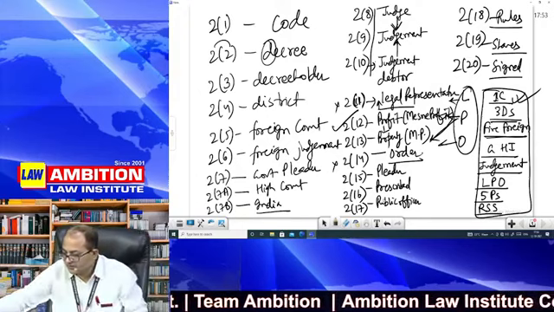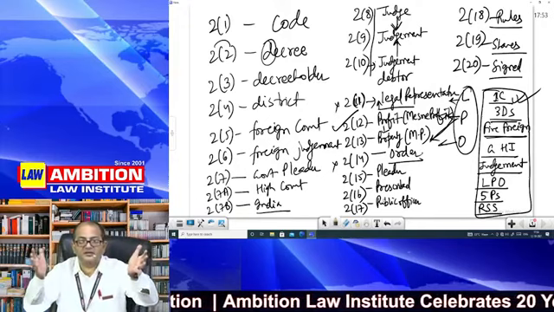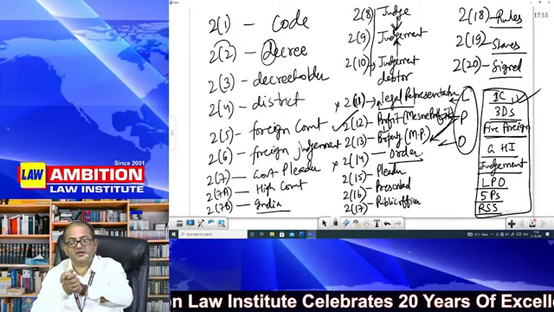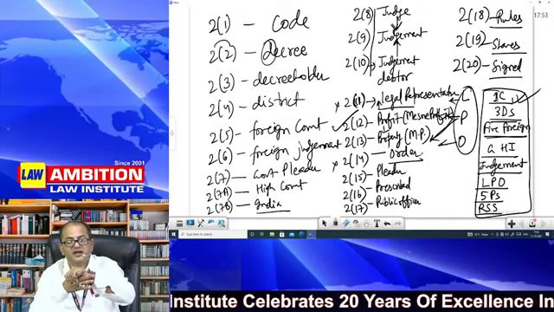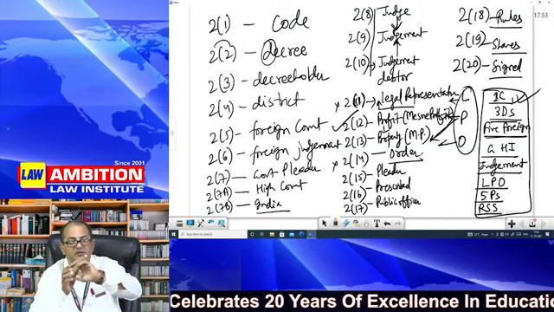And wherever this crux or core has been discussed, obviously by a larger bench like a constitution bench, then that becomes very important. So if I do not remember any case in Section 9, but I remember Dhulabhai versus State of MP, my job is done.